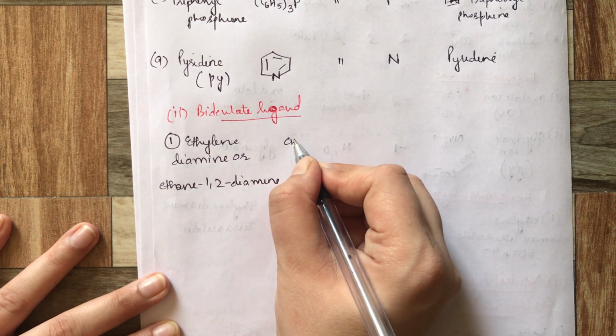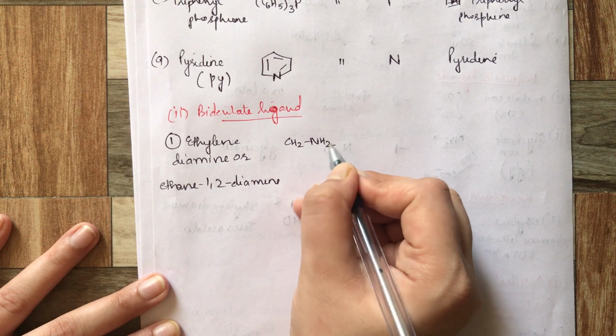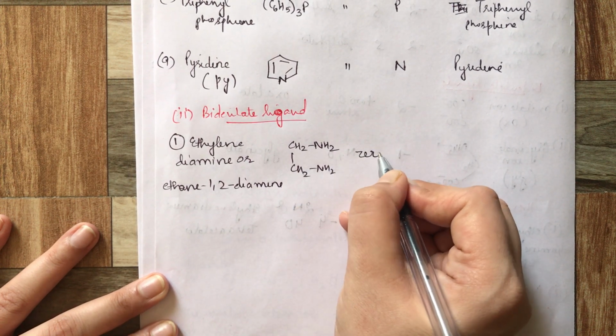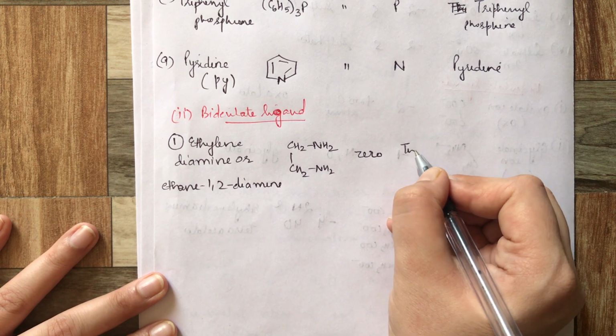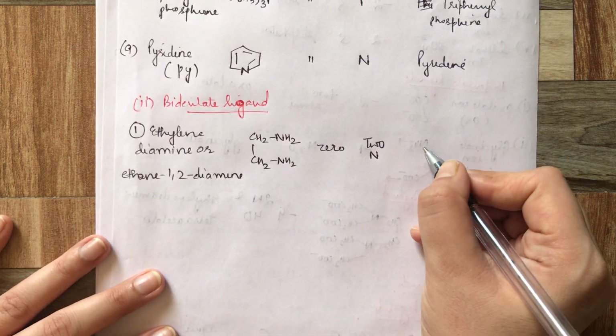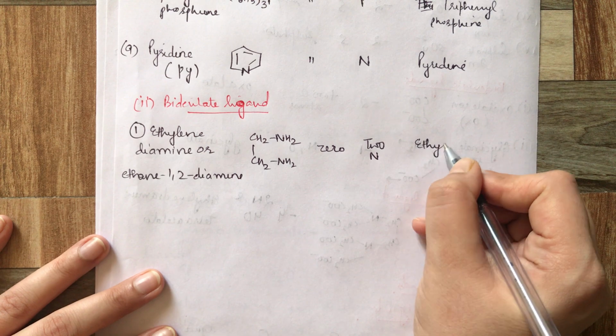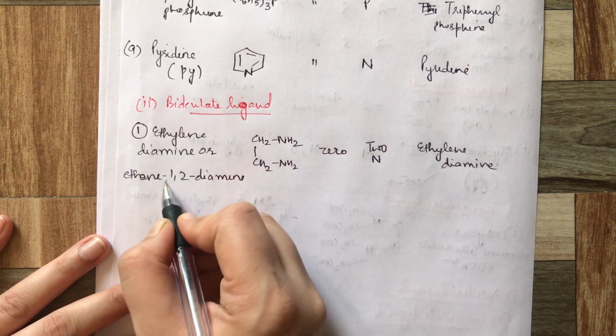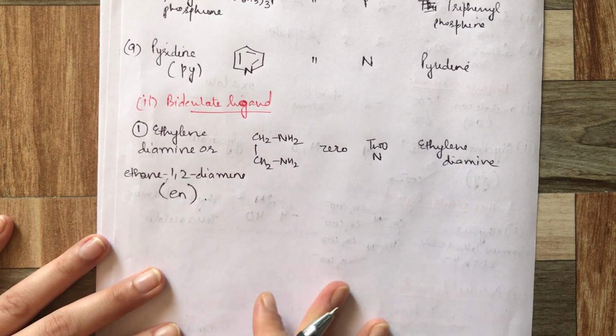The structure is CH2 NH2 CH2 NH2. The charge they bear is 0, the 2 nitrogen atoms are the donor atoms, and it is called ethylene diamine and represented by en usually.